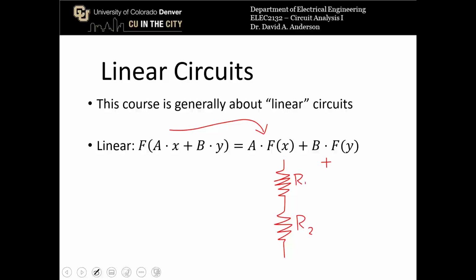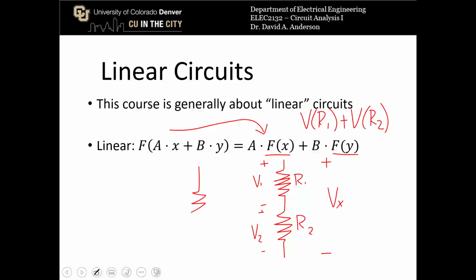Now, if I want to know the total voltage, V sub x, across these two resistors, I can either calculate the voltages independently, V sub 1 and V sub 2, which would mean that I'm adding an f of x and an f of y together, say V sub R1 and V sub R2, or I can combine the resistors into an R equivalent, and that will give me right away V sub x.